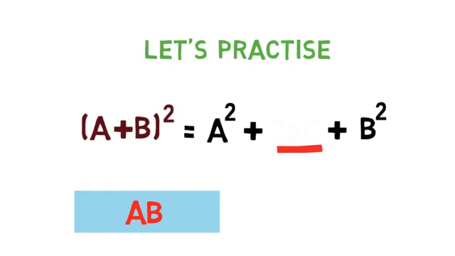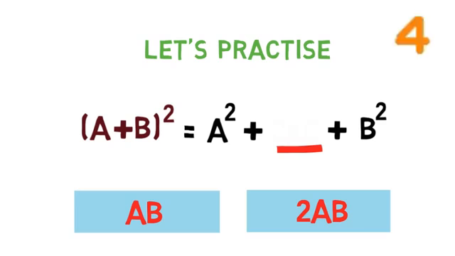The second option is 2AB. If you could figure out the result is 2AB, excellent. Had you not chosen, no issues, because it's very difficult to remember each and every formula by looking at it for the first time.